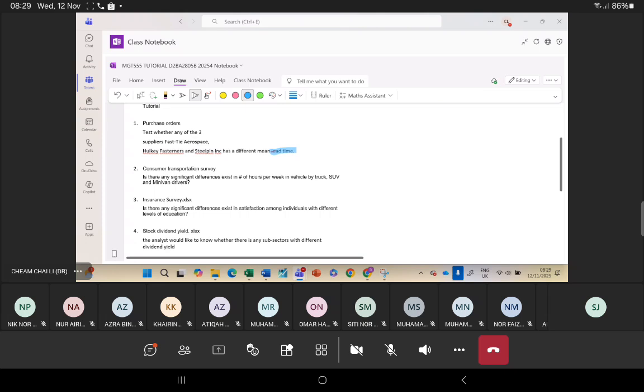For the consumer transportation survey, is there any significant difference in number of hours per week in vehicle by truck, SUV, and minivan drivers? So truck, SUV, and minivan drivers ini adalah dia punya elemen. So kita ada truck drivers, SUV drivers, and minivan.